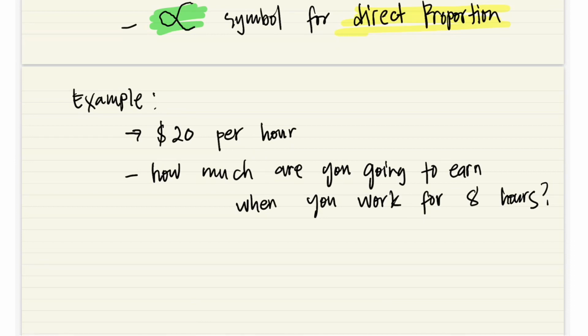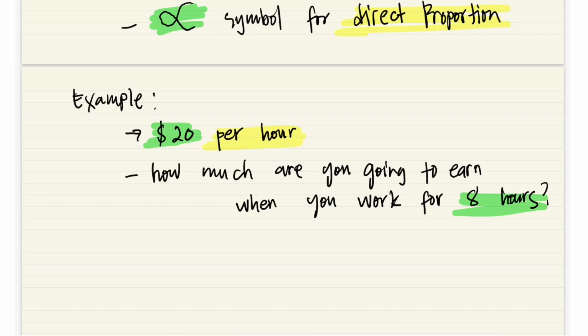Now remember, you are paid $20 per hour. If you work 8 hours, how much are you going to earn?